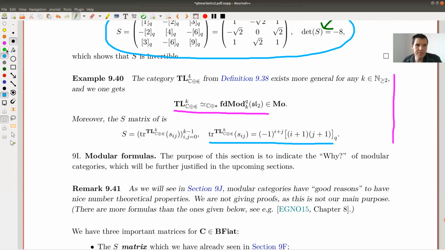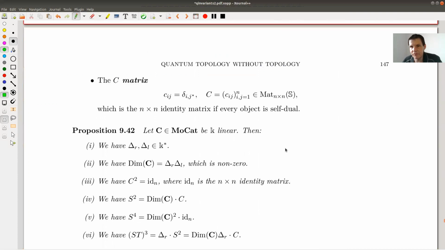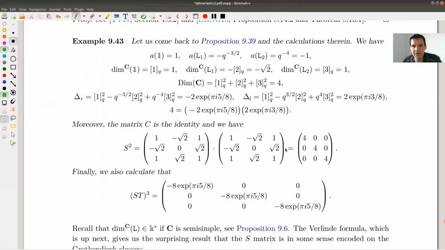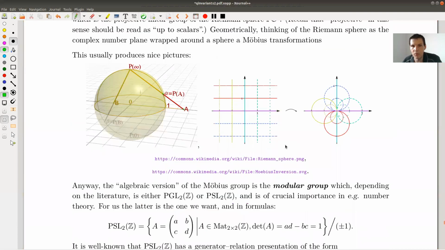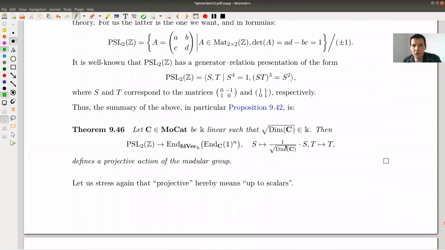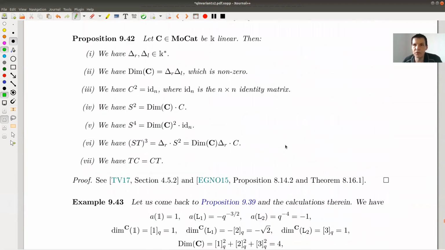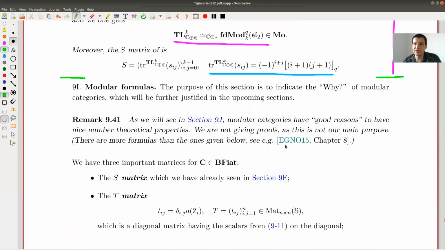Okay, so now I will just wrap up what we already have. We are almost done. Most of this is just some formulas, so don't worry too much. But let me wrap up. The S matrix basically was a way to distinguish topologically boring categories from topologically interesting categories.